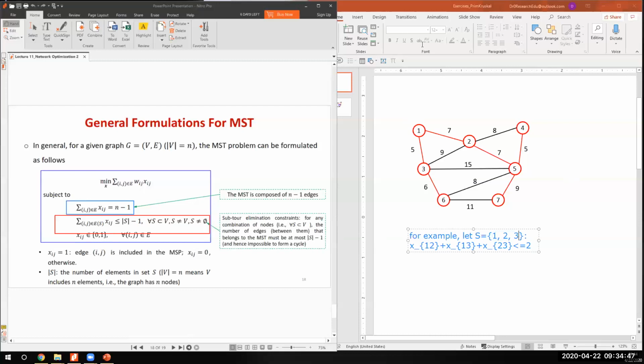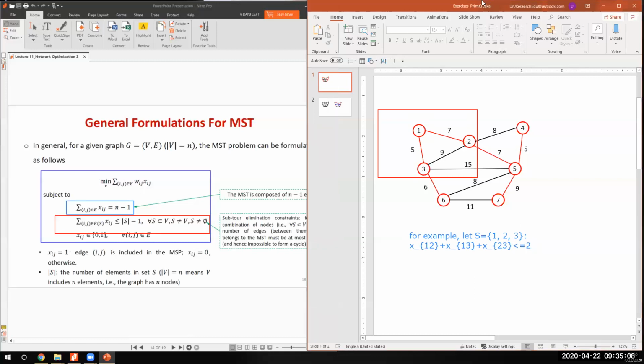For example, consider the subgraph here that includes nodes 1, 2, 3. So your small subgraph is like a triangle, see it? Yes, indeed, edges 1-2, 1-3, and 2-3, all of them are there.